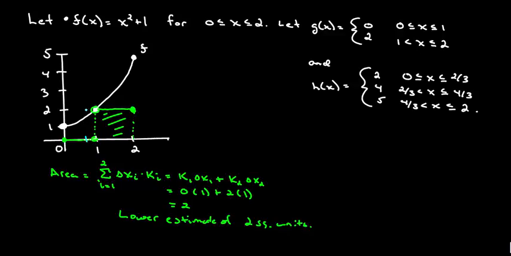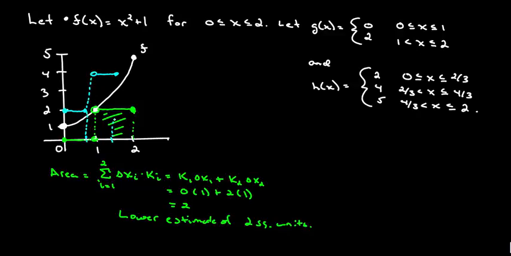Right here, I'm going to put a closed circle. Here, I'm going to put a closed circle. Then from 2/3 to 4/3, which is 1.3 repeating, it's at a height of 4. So let's go up here at a height of 4. We'll close this one and open this one, just like this.